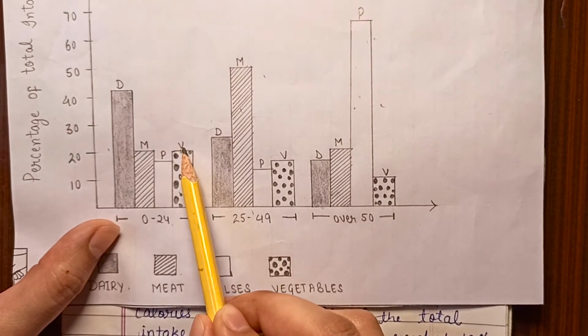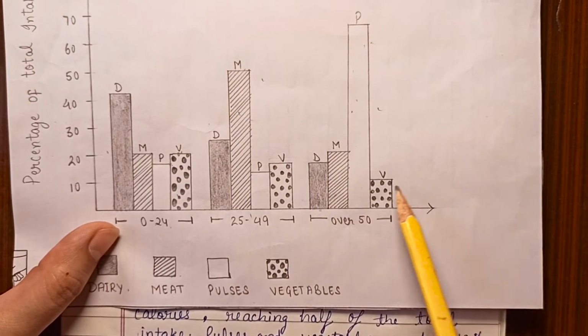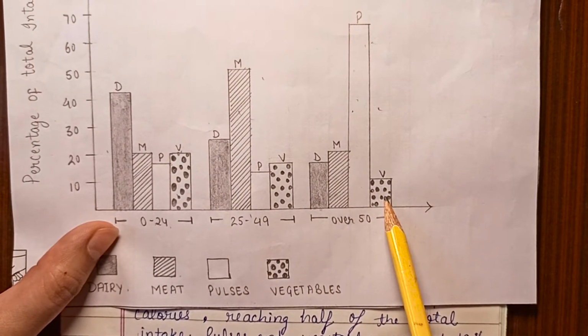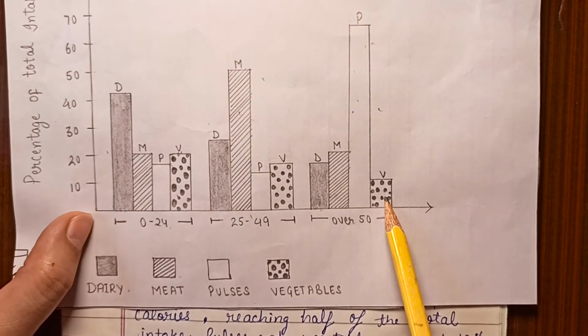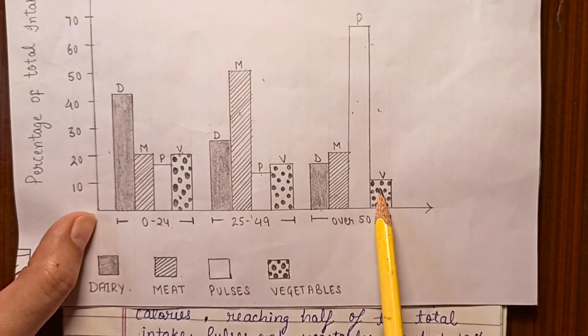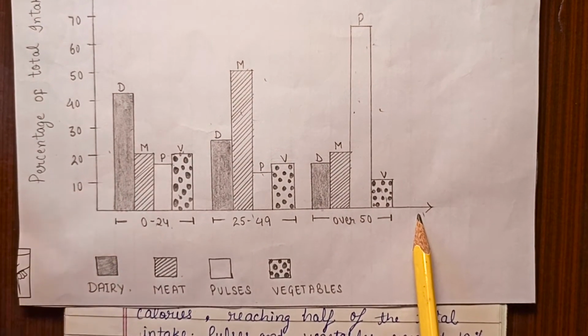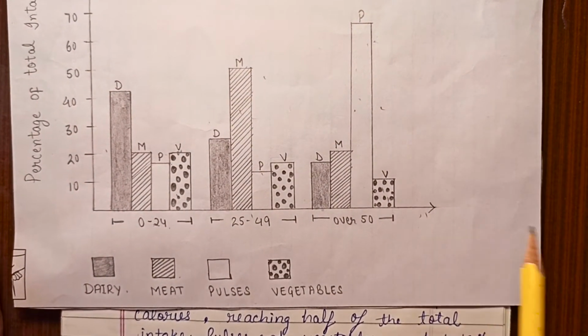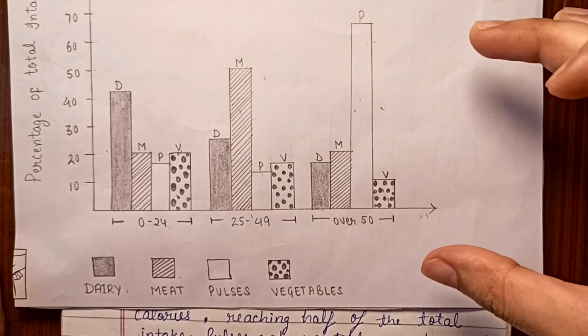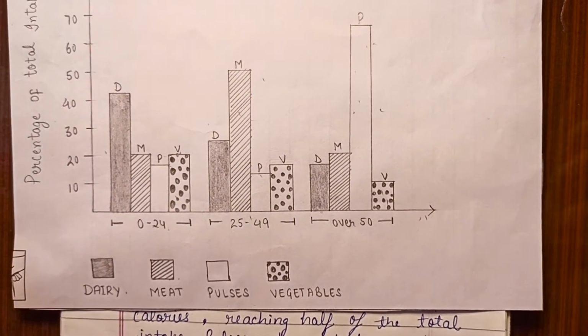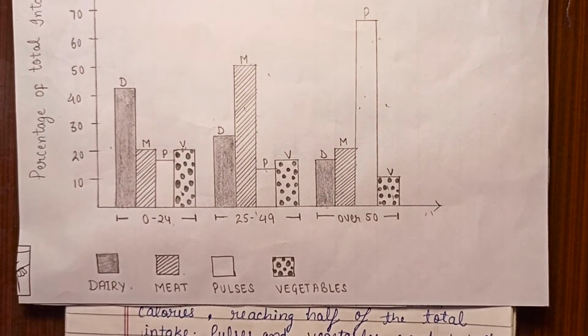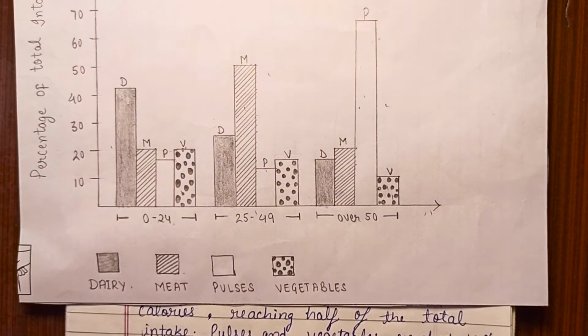This is the least popular. Here it is least popular, and it is also least popular. Right? It has remained at the lowest in all the age categories. They don't prefer to eat vegetables. So you need to analyze the data properly, which is the highest and which is the lowest. I have just rephrased it, used the vocabulary words to make it more effective.